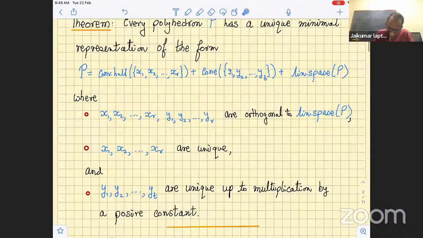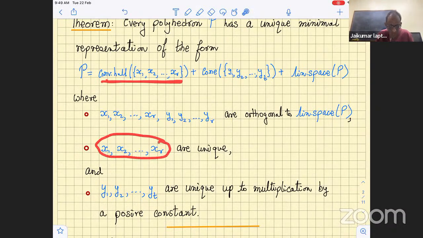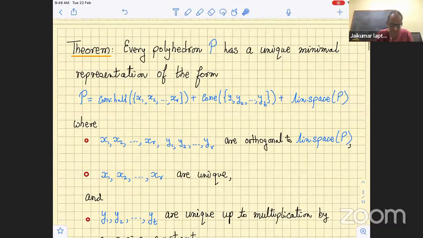They are unique up to multiplication by positive constants, because whenever you have a cone generated by some rays, if you shrink some ray by a little bit, or extend it by a constant, it should not matter. So the yi's are determined up to multiplication by a constant, and not only that, the convex hull is determined by its vertices. So then there is uniqueness.